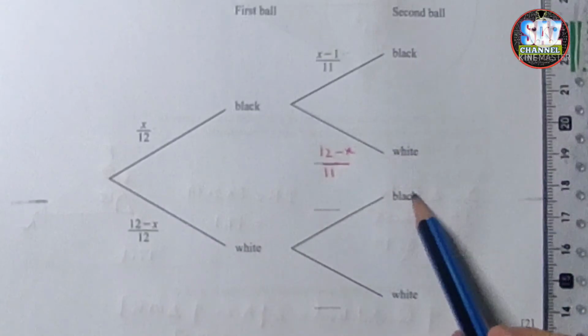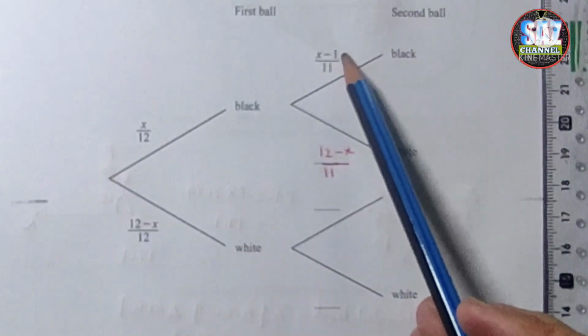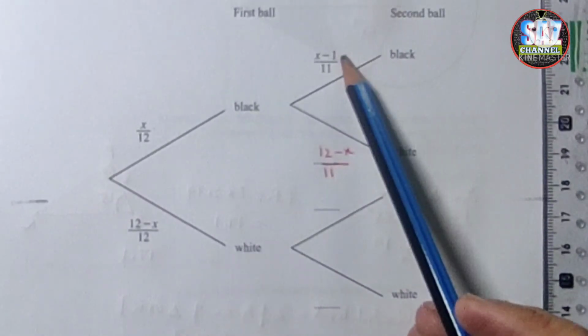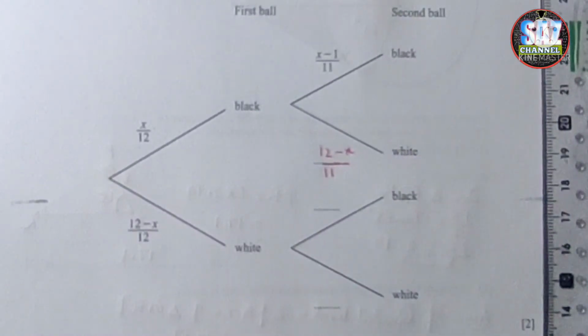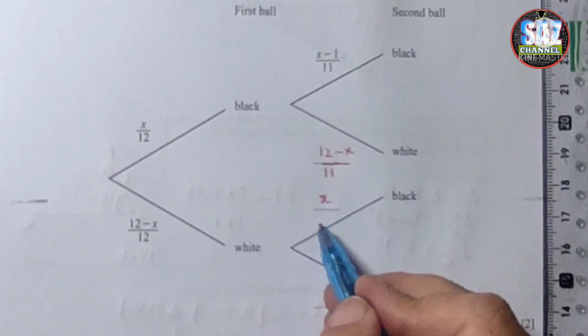And coming to the second branch, look here, in the previous part we have picked up one of the black ball, so it means this time we are not going to select the black ball again. So the choices of black will be coming as it is, X by 11.